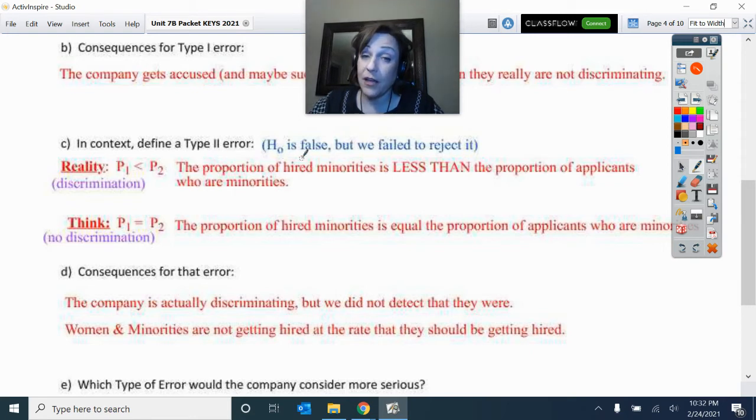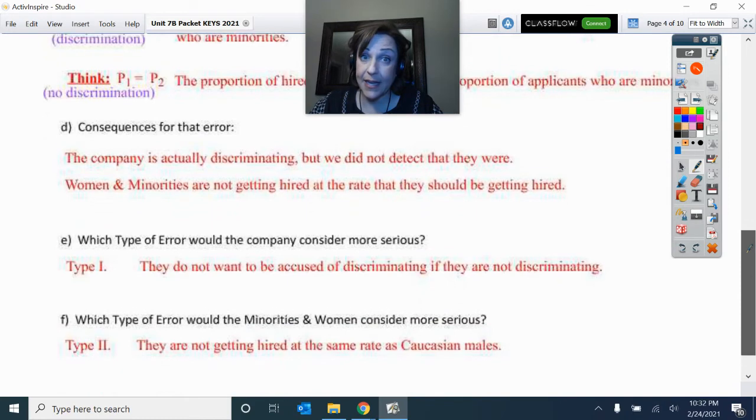The proportion of minorities and women who were hired is less than the proportion who applied, but our sample was not far enough out there and did not give us evidence of that discrimination. So we did not reject. We failed to reject the false null hypothesis. So we don't think there's discrimination. The consequence is that the company is actually discriminating, but we did not detect that. So women and minorities are not getting hired at the rate that they should be.